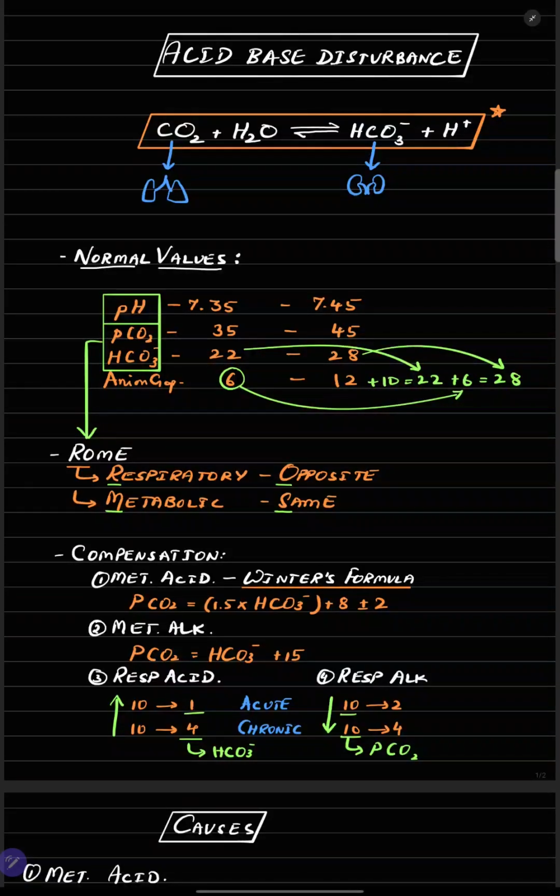Next, we are going to determine whether it is a respiratory or metabolic pathology. Note that this mnemonic can be used only for well compensated acid-base disturbances, and inadequately compensated or overcompensated disturbances or mixed acid-base disturbances cannot be calculated by using this mnemonic.